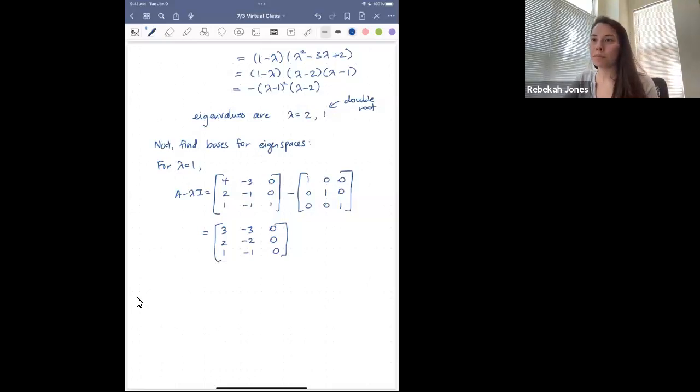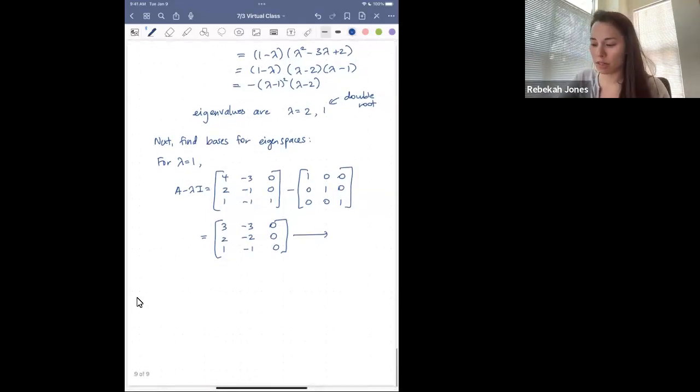Okay. And then we can row reduce this. I will also skip over those steps because we've done lots of practice row reducing. Just looking at this matrix, notice that the second and third row are constant multiples of the first. So we can just cancel both of those, right? And then we can also scale our first row by 1/3, and we'll end up with this as our first row.